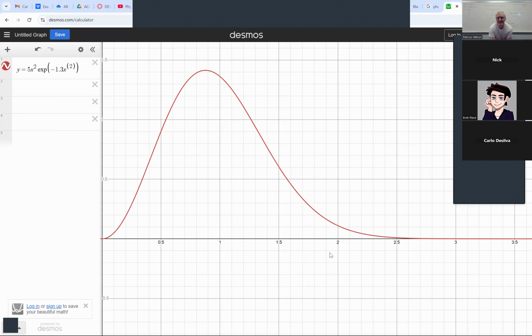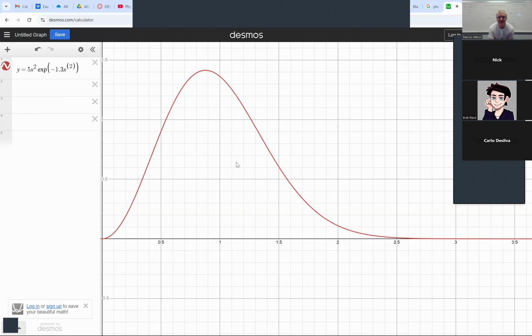It's this tail which is responsible for particles having speeds much greater than the most probable, average, or RMS speed. And that's what I was talking about yesterday in terms of the escape speed of Earth. The molecules in the atmosphere are able to escape if they are one of these way out here.